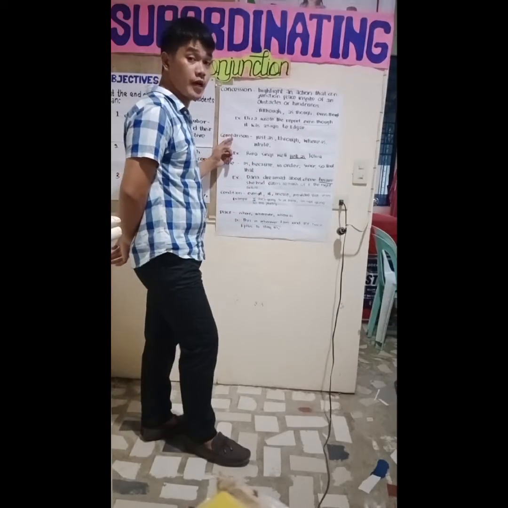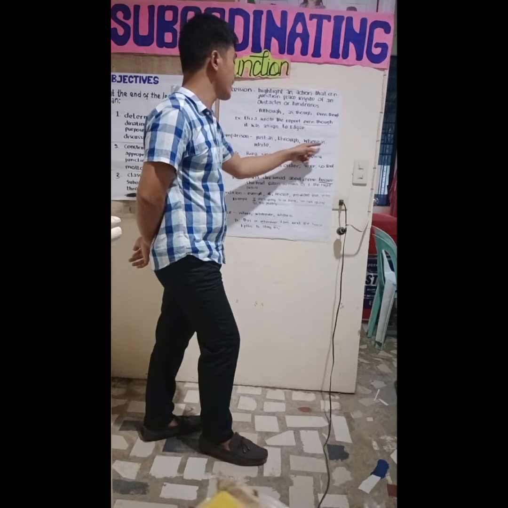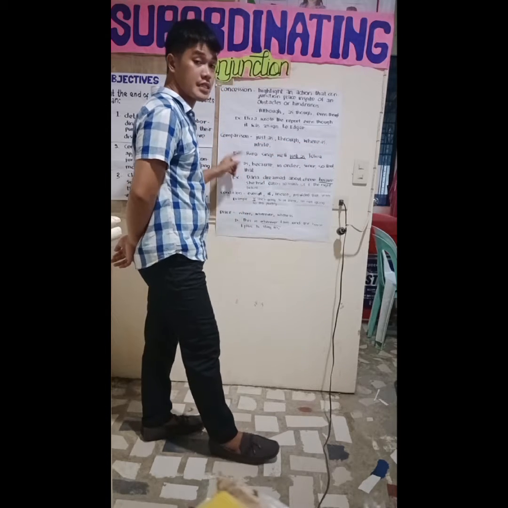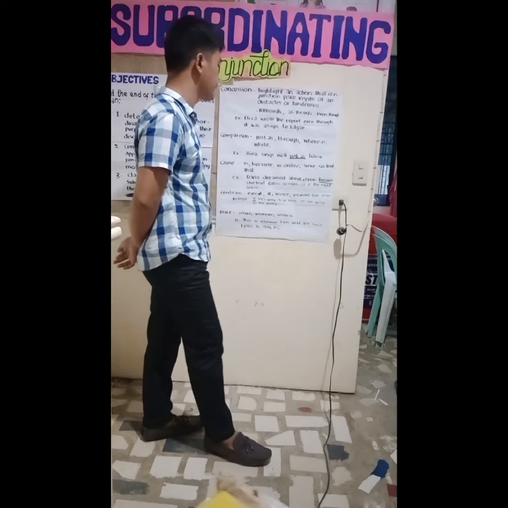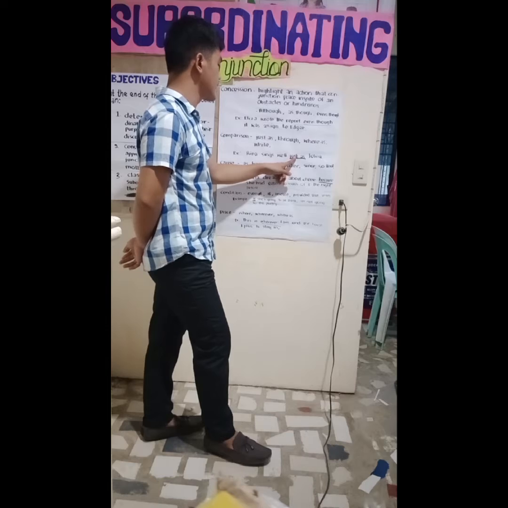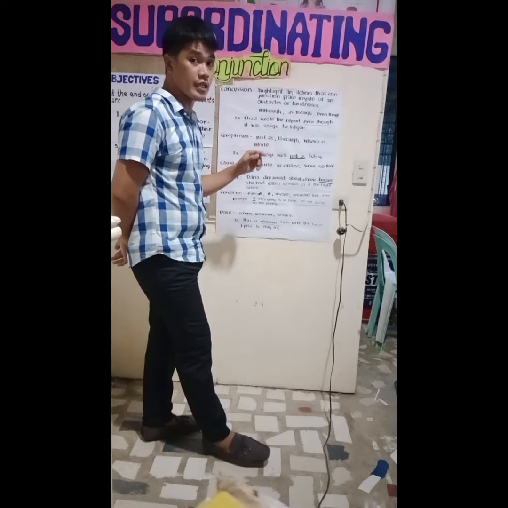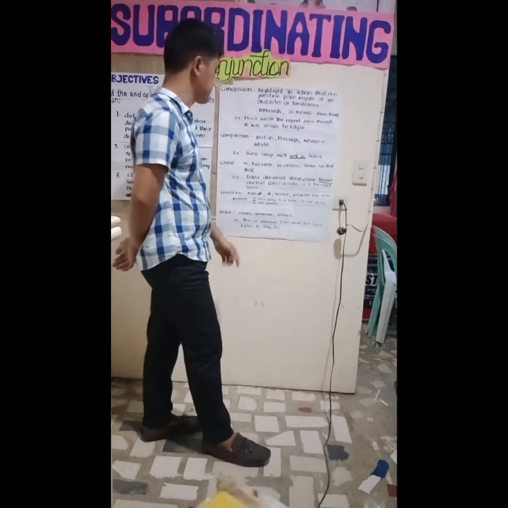The third one is comparison. Just as, though, whereas, while. Example: Reina sings well just as Jolina. So the underlined word is just as. Just as is comparing two persons, Reina and Jolina.